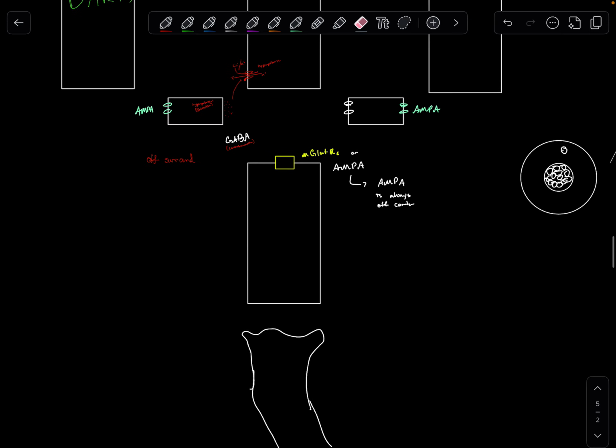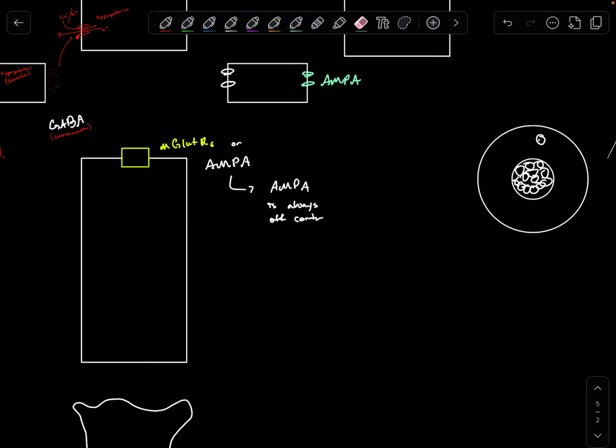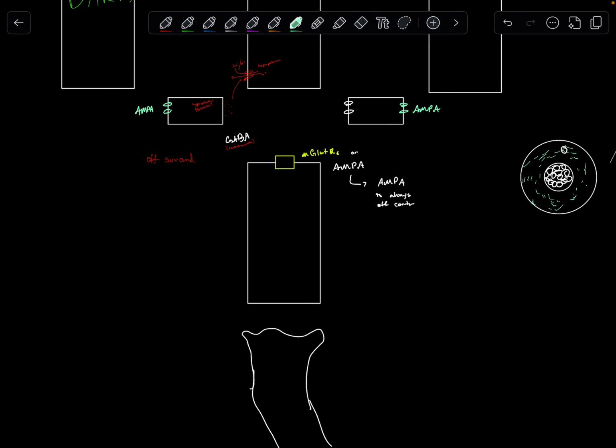But on the outside too, as in seeing this image, we also have basically off-center. And so off-center is going to act a little bit different. Off-center will produce an inhibitory response to my on-center.